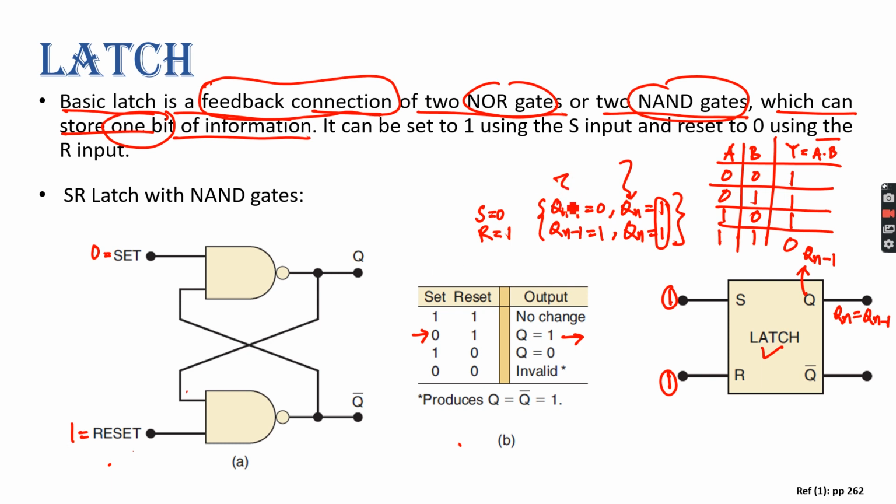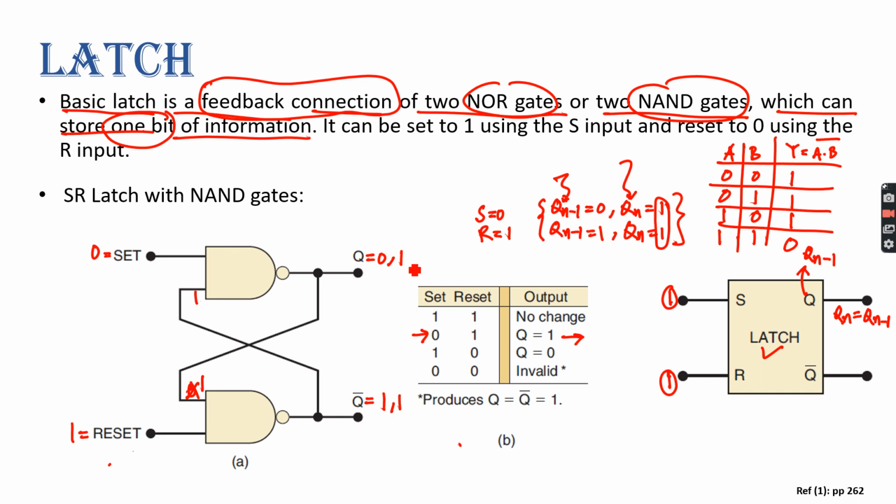If you consider the first case, my q is 0, so q prime would definitely be 1. This 1 will go as input here, and this 0 will go as input here. So 0 1 gives you 1, right? Yes, sir. And 0 1 again gives you 1. So this 1 will go as an input here, and this one will come as an input here.